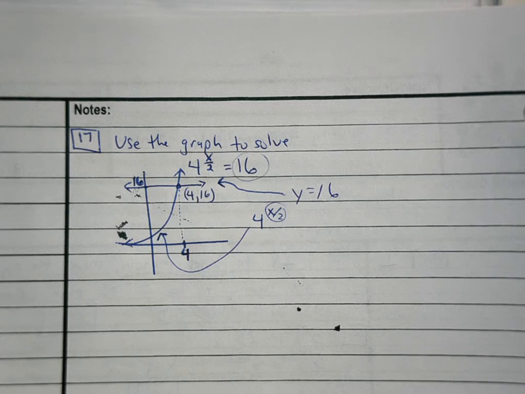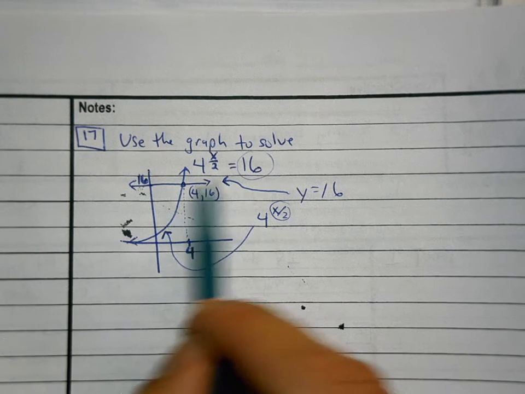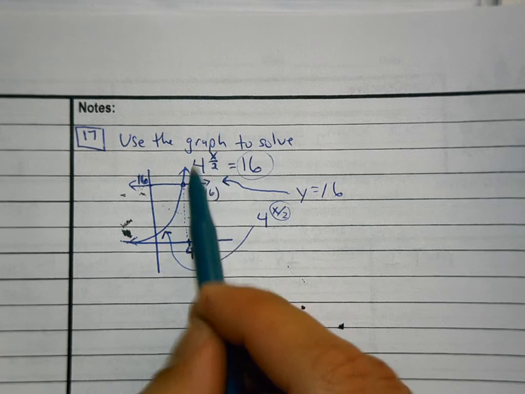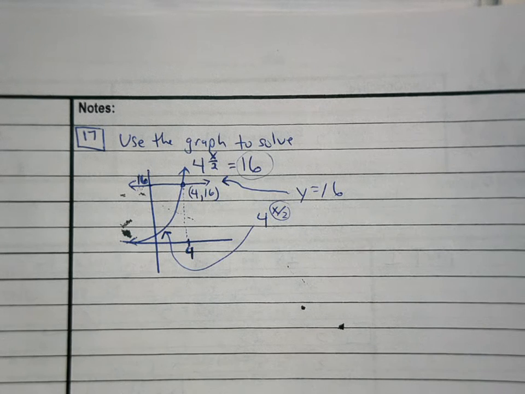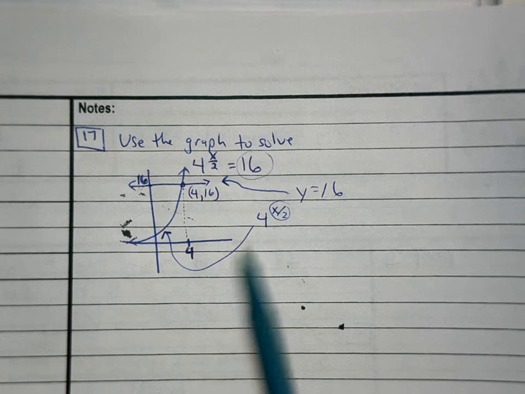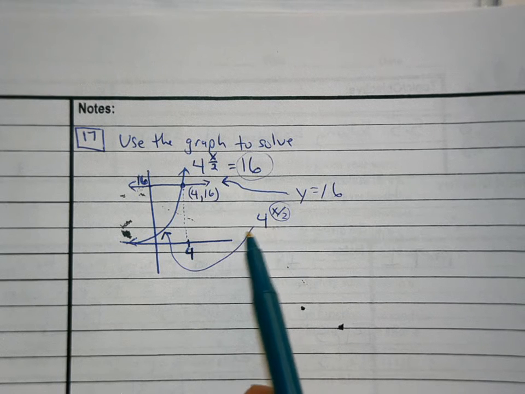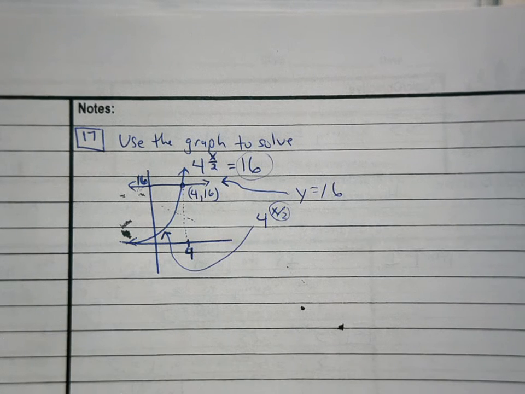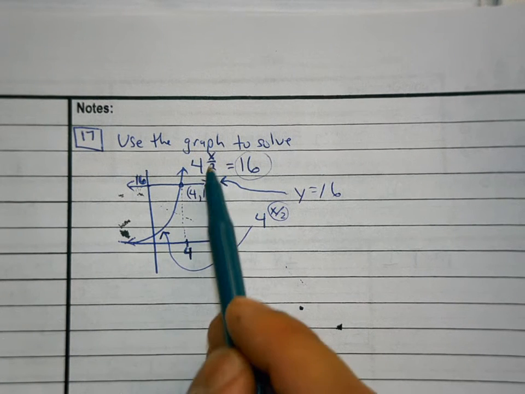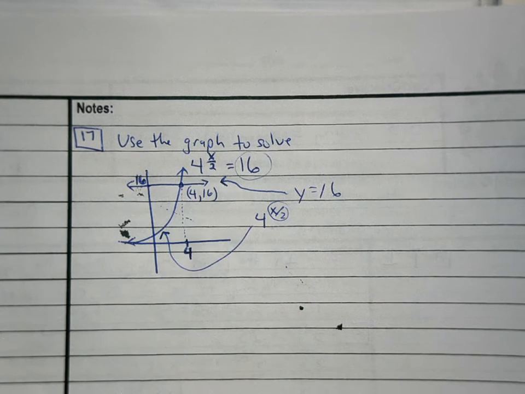So they have two graphs, and your job is to know that the 16 is this one. The 4 to the x over 2 is this graph right here. You don't need to know how they did it. If you really want to know, they plugged in a table of values. And what we need to do is figure out, where does this equal that?